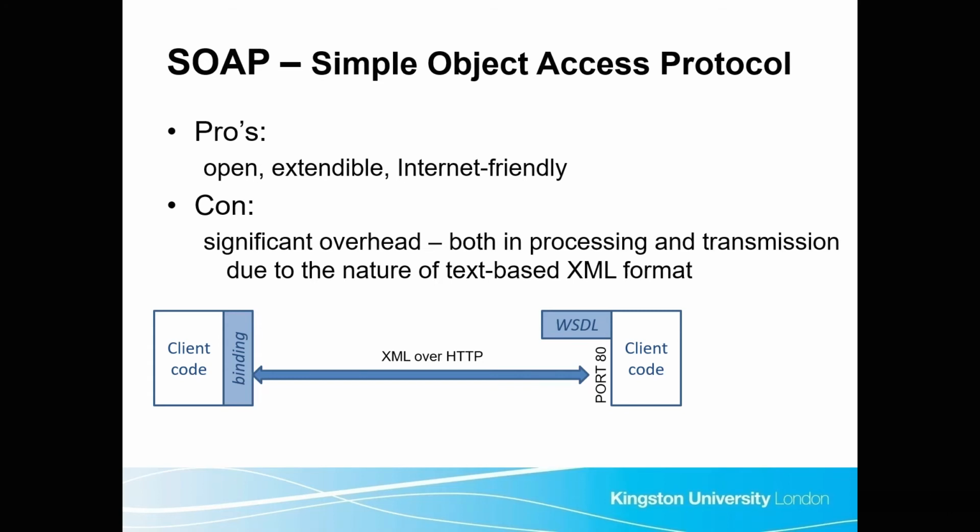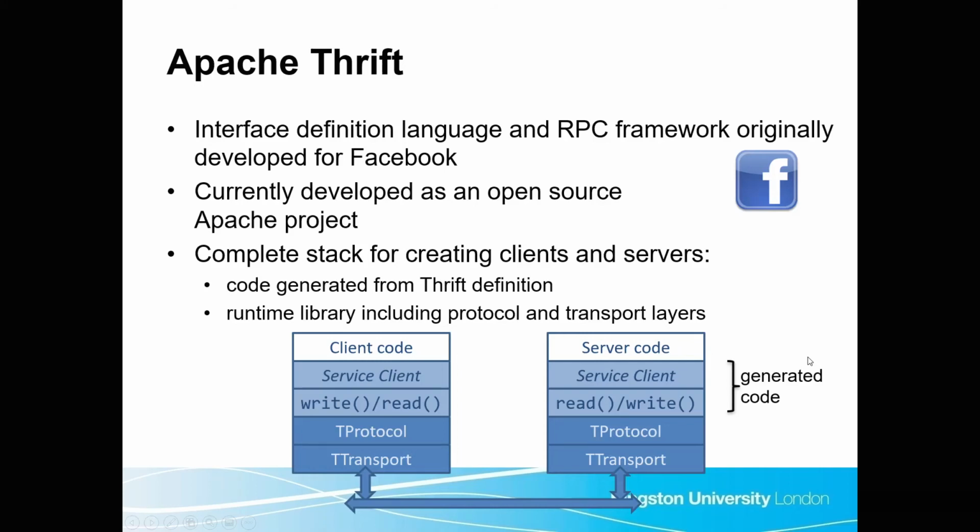There are two more solutions that I would like to briefly present. Both of them are in the Java universe. The first one, Apache Thrift, is an interface definition language and RPC framework originally developed for Facebook and currently developed as an independent open source project under the label of Apache.